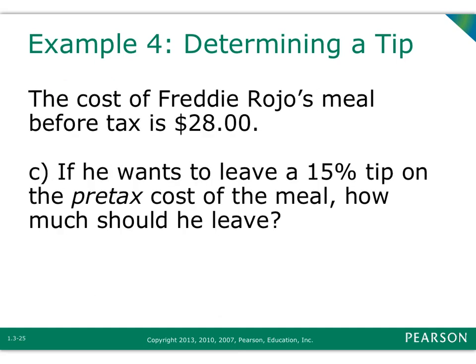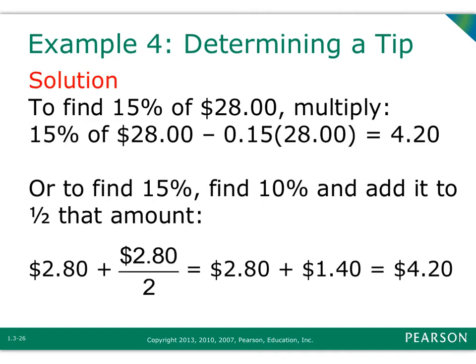Now Freddie knows that he wants to really leave a 15% tip on the pre-tax cost of the meal. How much should he leave? So to find the 15% of 28, he can multiply 15% times 28, which is 0.15 times 28, which is $4.20.